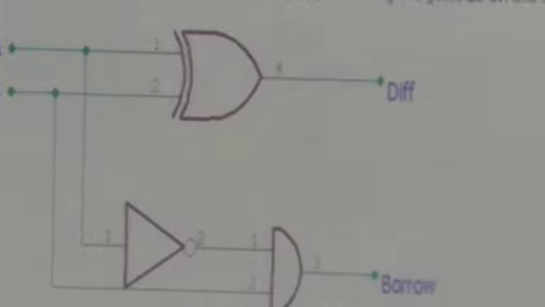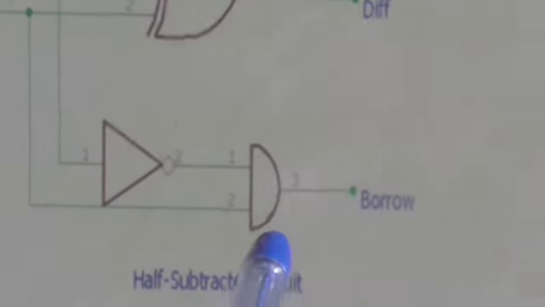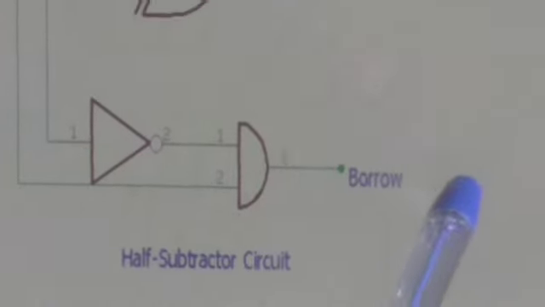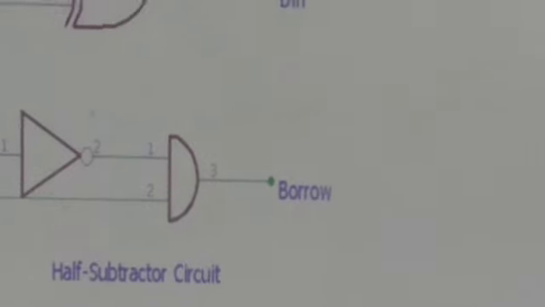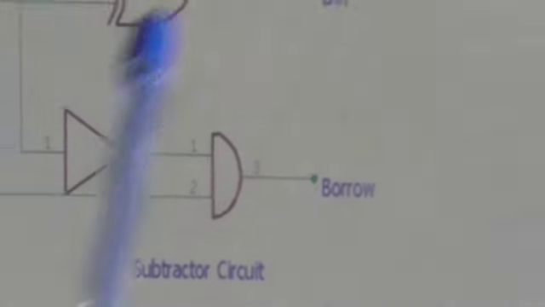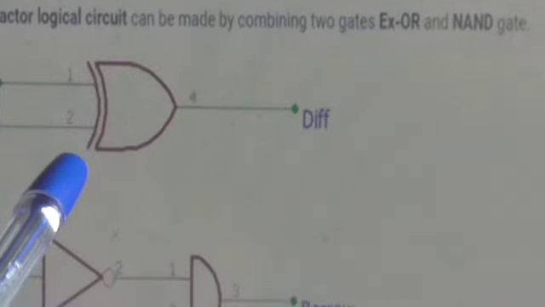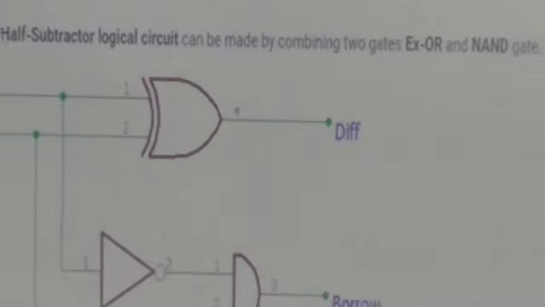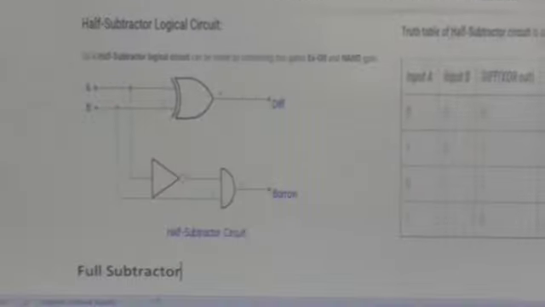Finally, the output generated by the AND gate is the borrow. So we get the borrow on an AND gate connected with the NOT gate, and the difference on the XOR gate. This is the overall explanation of the half subtractor.